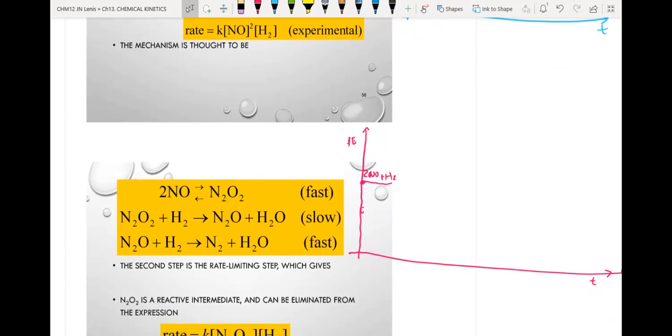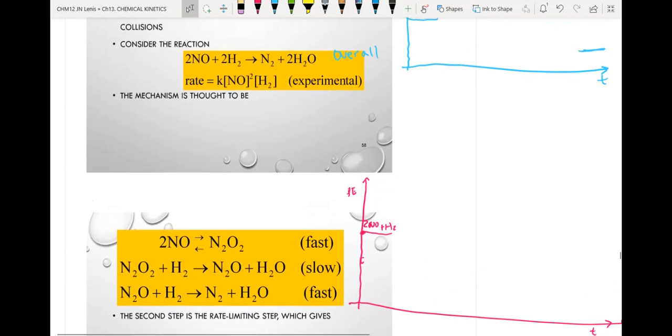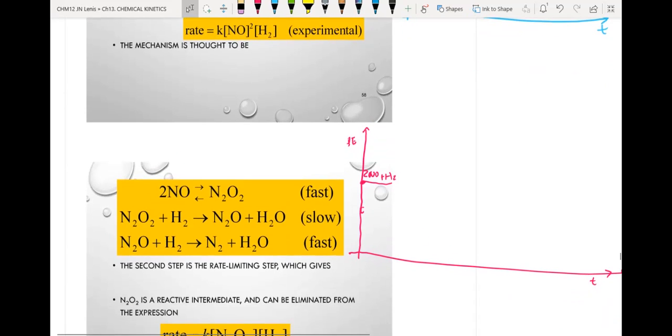And the products, what is the product of this reaction? N2 plus 2H2O. So the products should be somewhere here, since we have an exothermic reaction. The products are N2 plus 2 waters.